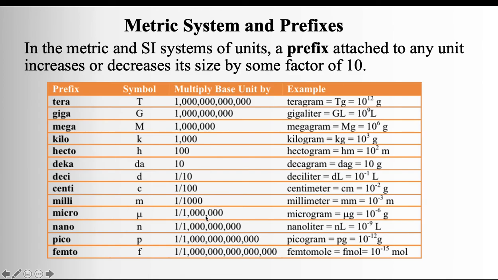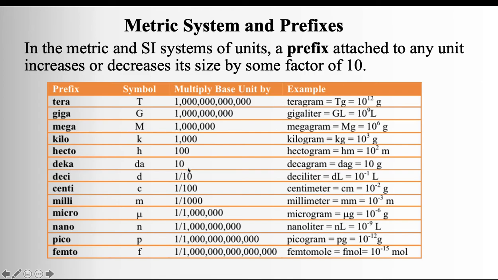So figure out how to actually go from the base unit to any of these units and do calculations and conversions with them. We will also work on some of these in class. But practice going from one unit to the other, from the base unit to other units, by either multiplying or dividing by that particular factor.